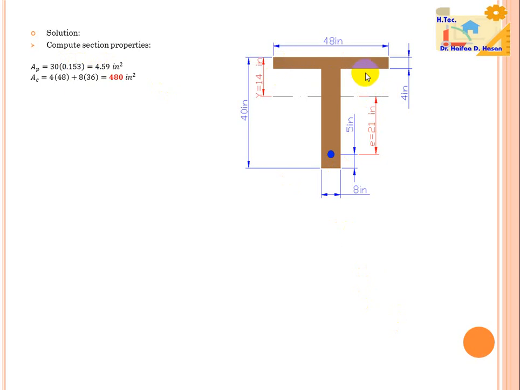Area of the cross section: two areas, the top one and the vertical one, by the summation of the two areas, 4 multiplied by 48 and 8 multiplied by 36.